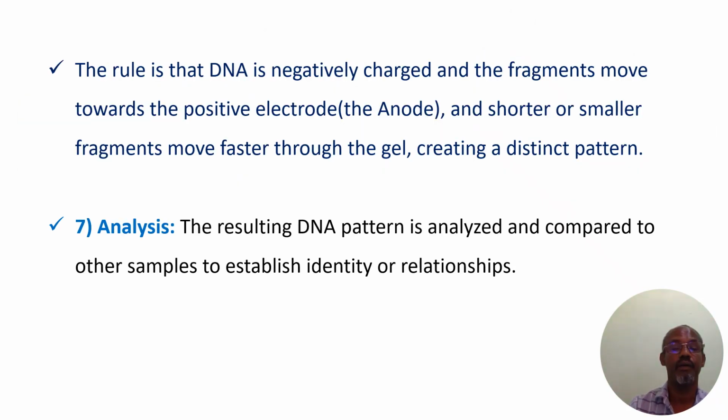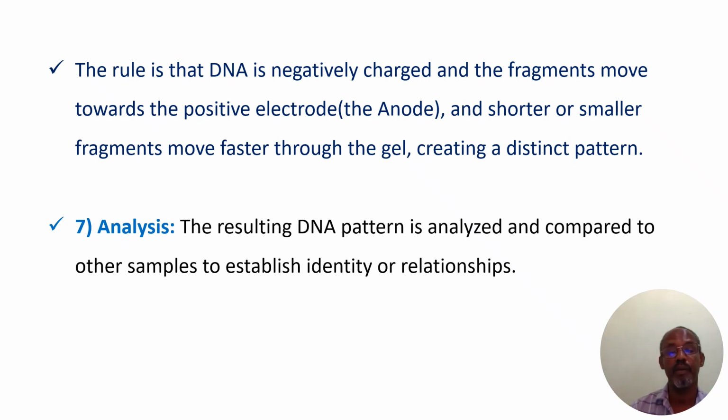You see, the rule is that DNA is negatively charged and the fragments move towards a positively charged anode, and shorter or smaller fragments move faster through the gel, creating a distinct pattern. Then, of course, an X-ray photograph is taken and analysis made.